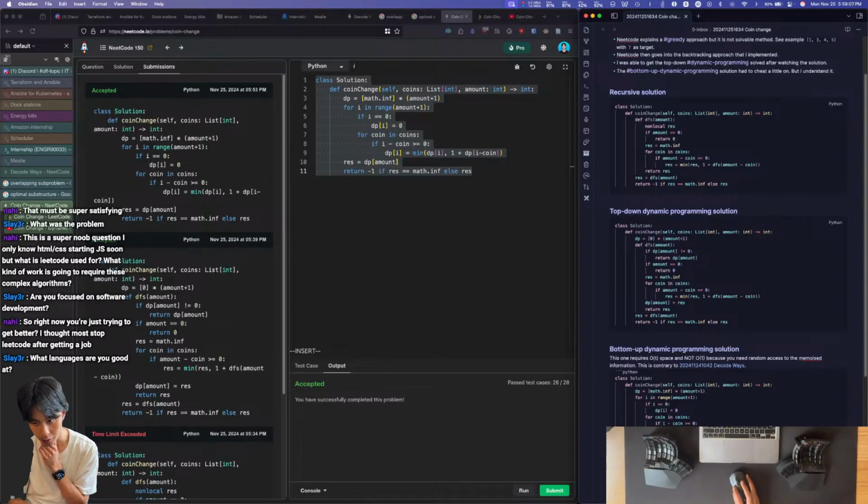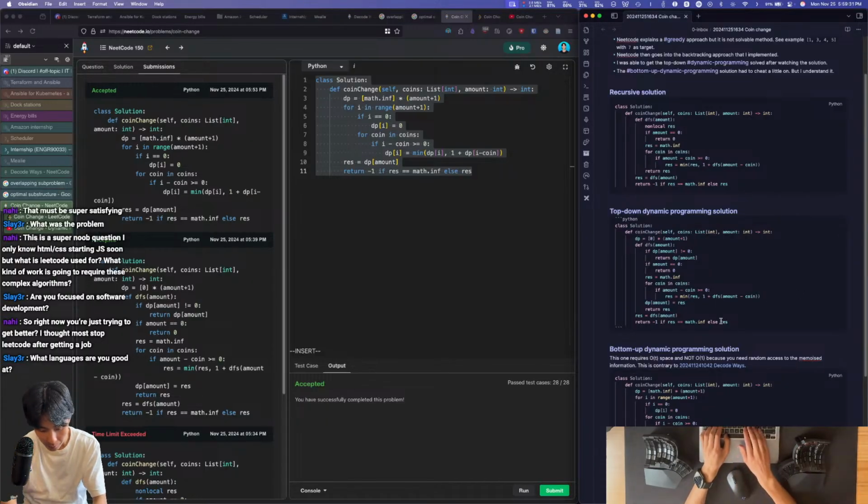Okay, so now I would say this dp of i minus coin is random access, yeah, it's random access, okay. New line. New line.